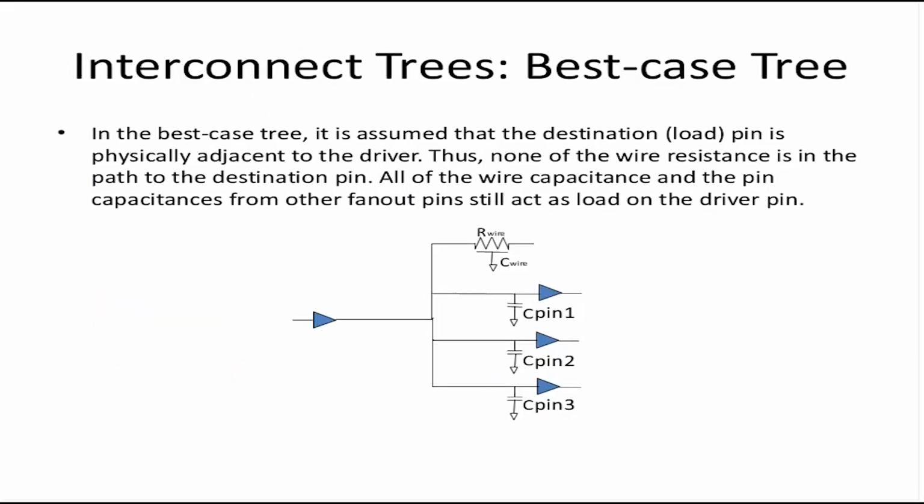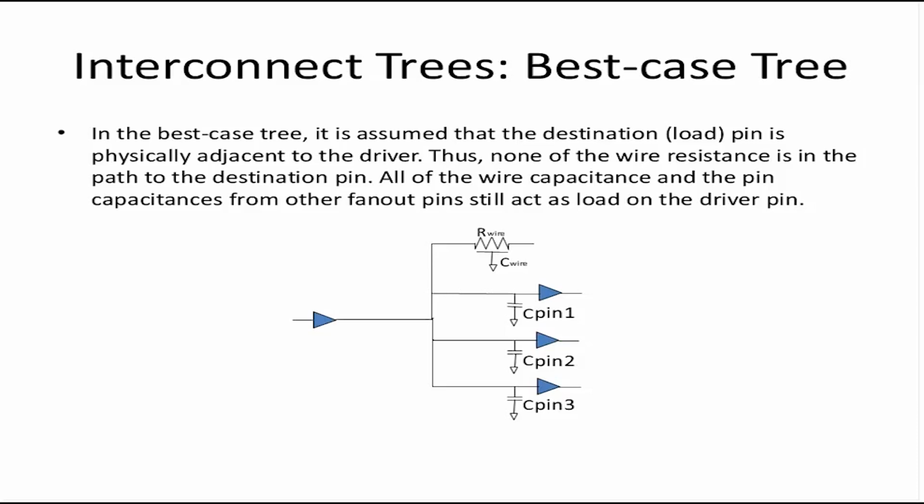Now, when we talk about wire load models for estimations, the tool will consider three things. First, it will choose a wire load model based on area, for example, and then it needs to know what tree type is targeted. There are three tree types you can use.